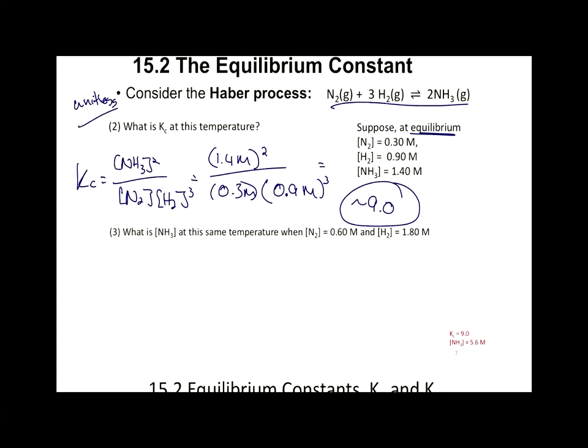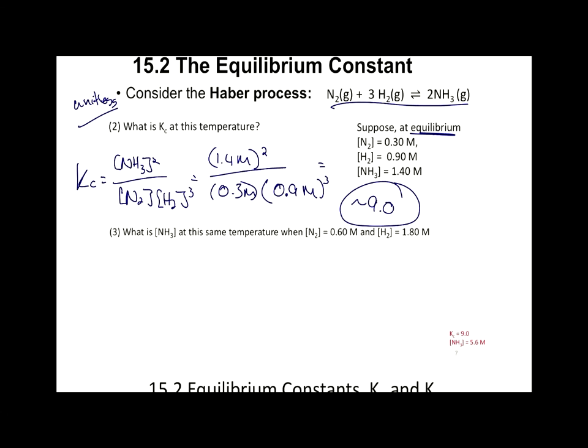You might actually calculate it and see it's molarity squared on the top, molarity to the fourth on the bottom, but because it's just a ratio of products over reactants, we just say that it's unitless. You should always understand that the species inside the equation are molarities. Great, so it's 9. These are the concentrations you would measure at a certain temperature.